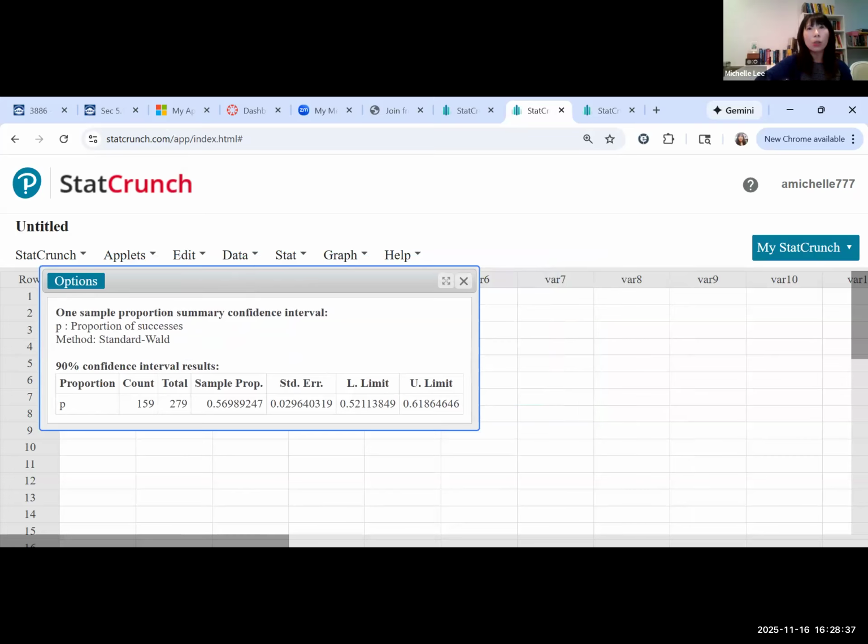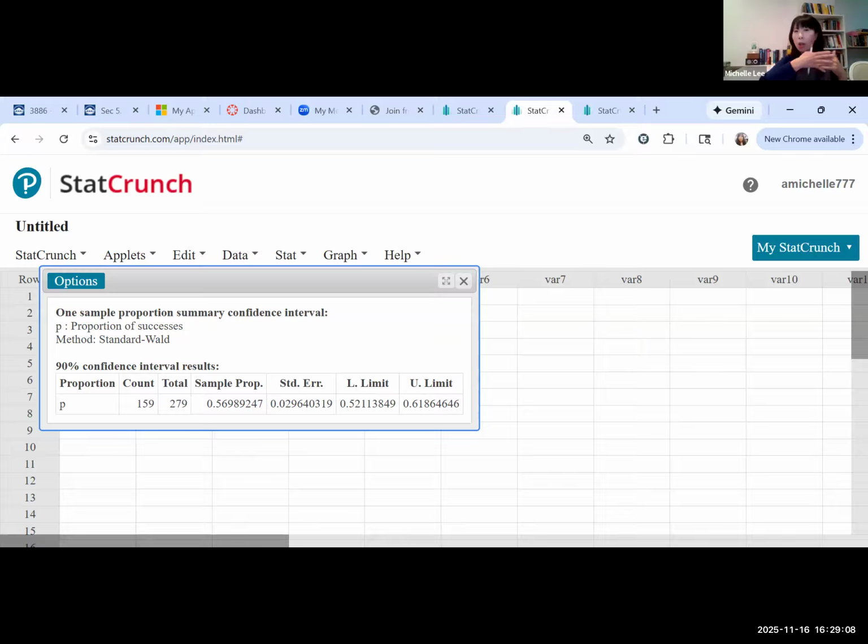All right, so let me see the answer. So we have 52.12% and then 61.88, right? So the last two digits are a little bit different. It might be, yeah, because we were working by hand, but we round in the process, right?